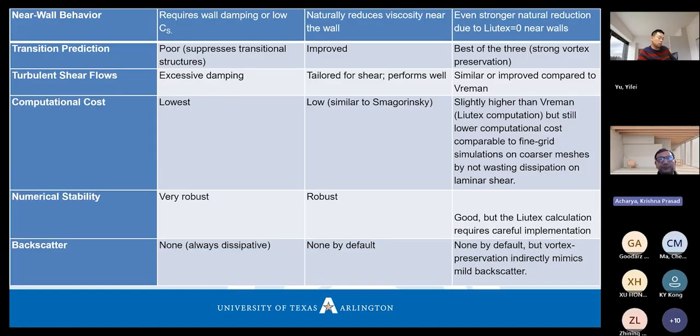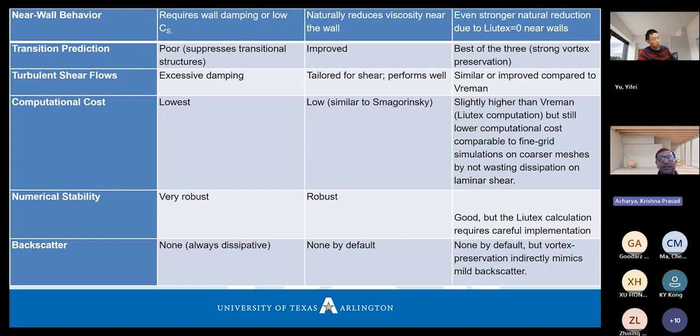Near wall behavior: Smagorinsky requires wall damping or a low constant Cs. Vreman naturally reduces viscosity near the wall. Modified, even stronger natural reduction because Liutex is zero near walls.